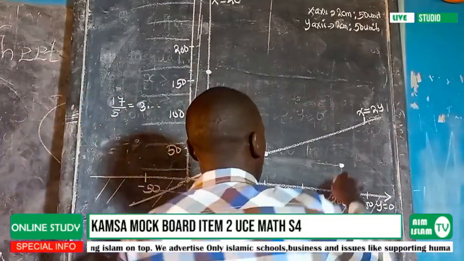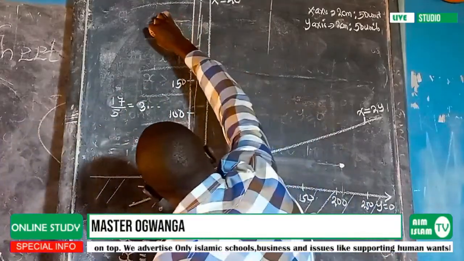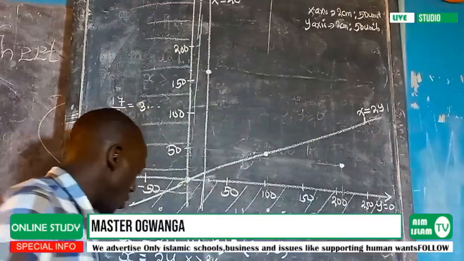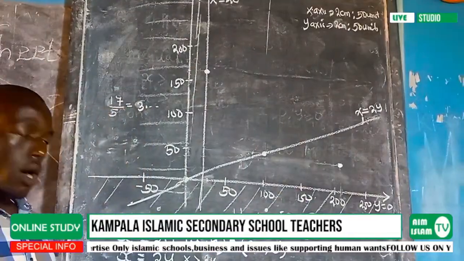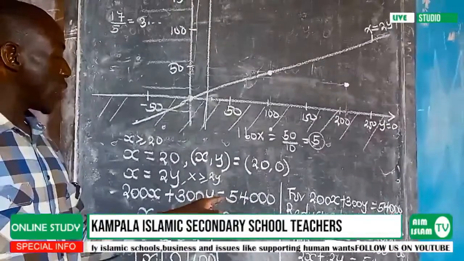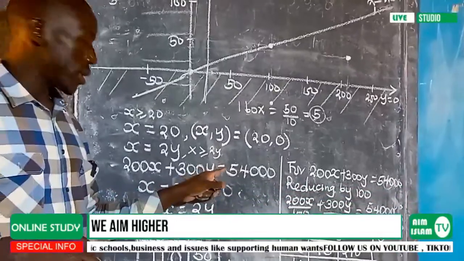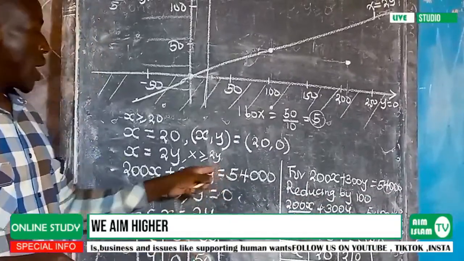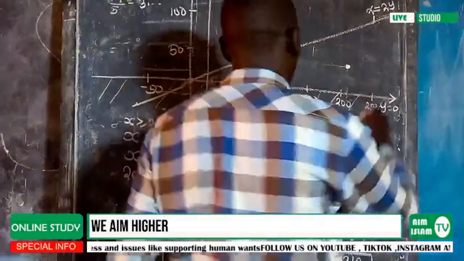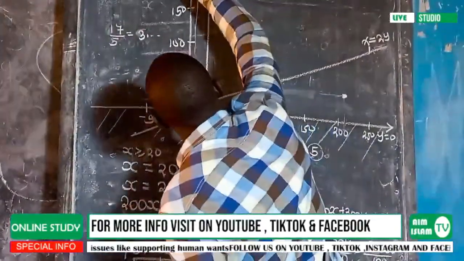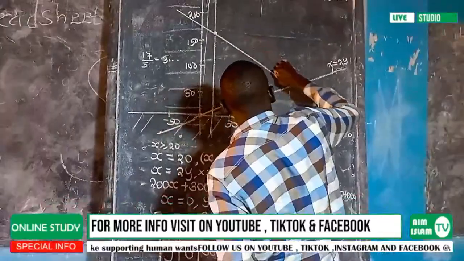Then we also join this line. This line, for the case of this, was less than or equals to. Being less than or equals to means even the line we are going to draw here should be a solid line. So this will also be drawn as this, passing through the point.